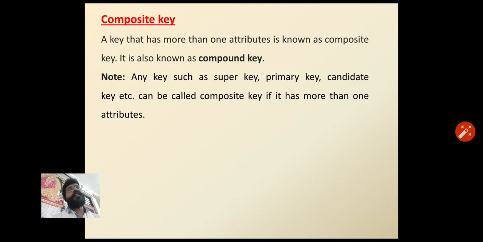Next is the composite key. A key that has more than one attribute is known as a composite key. It is also known as a compound key.